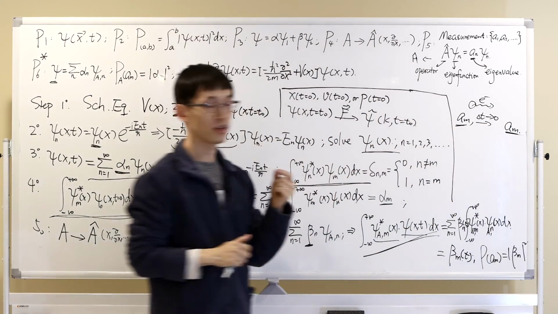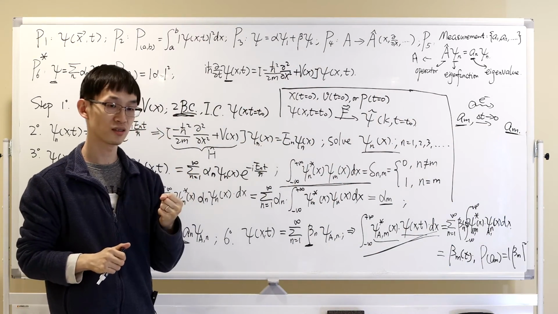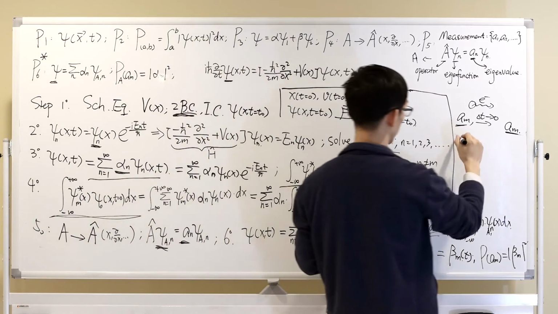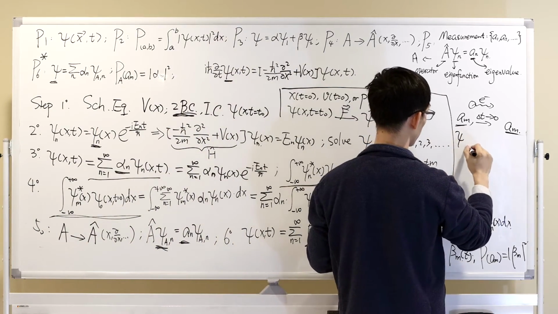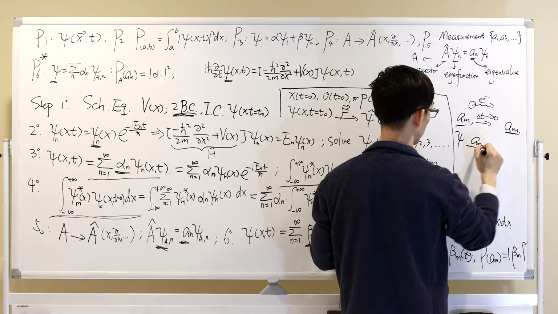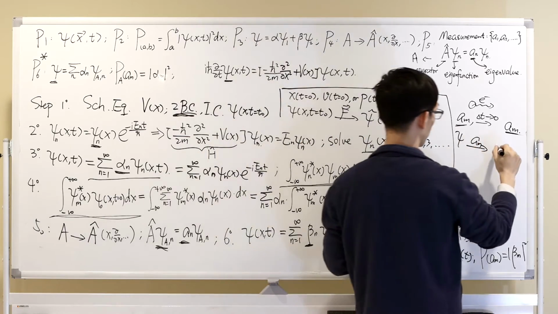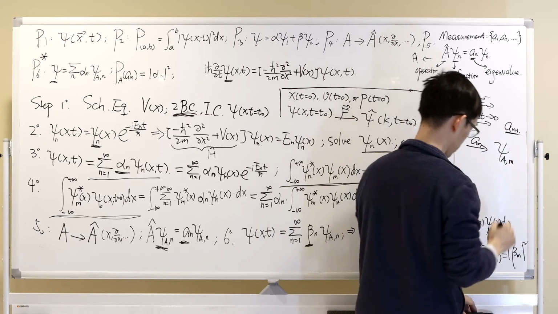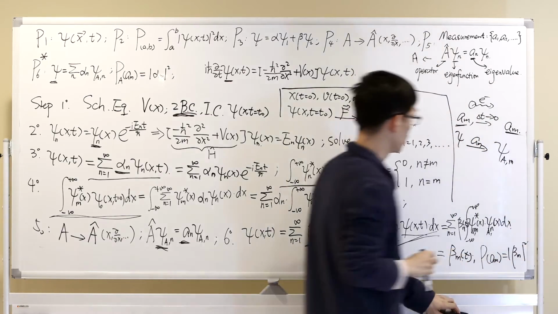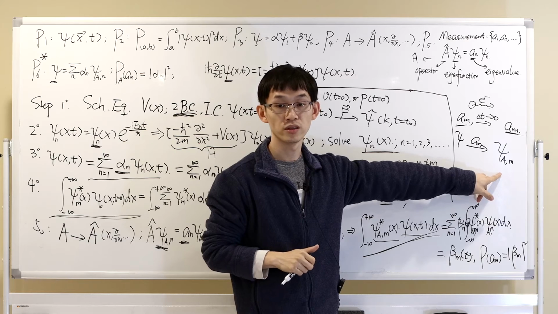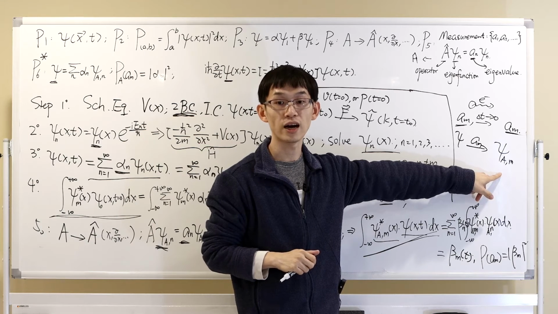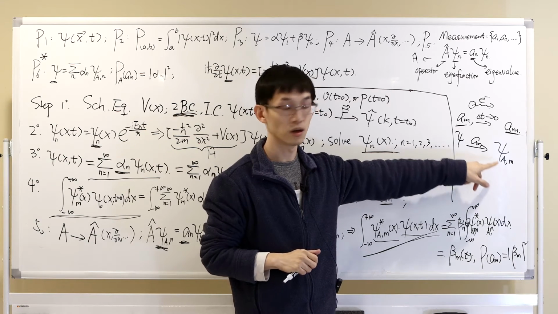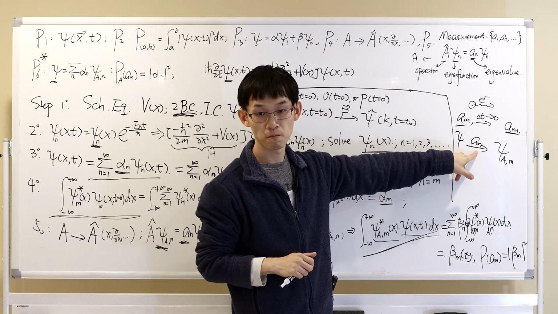And the only way that you can guarantee this is that your wave function after measuring result AM becomes psi AM. Your wave function becomes the eigenfunction of AM.